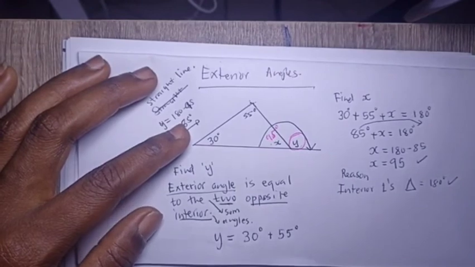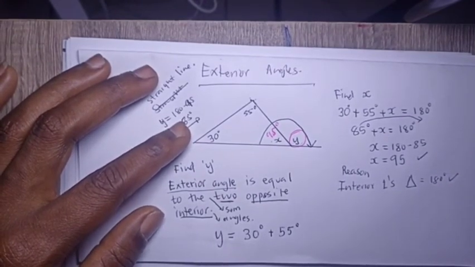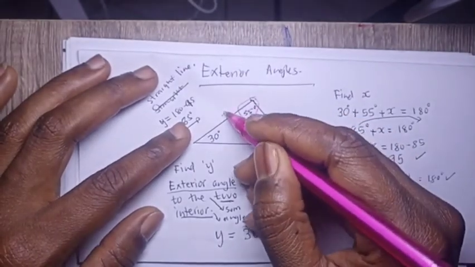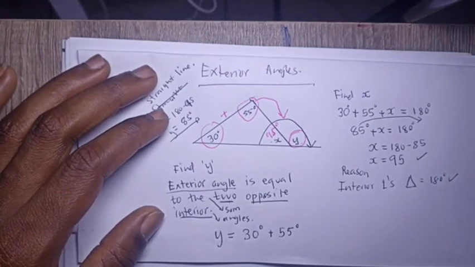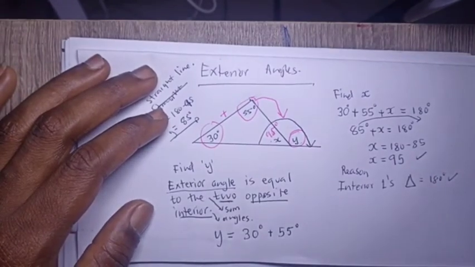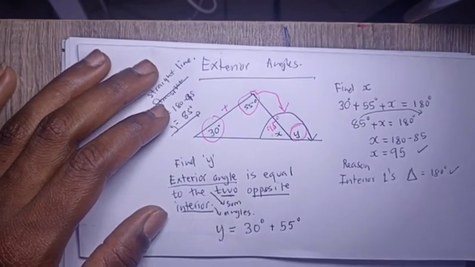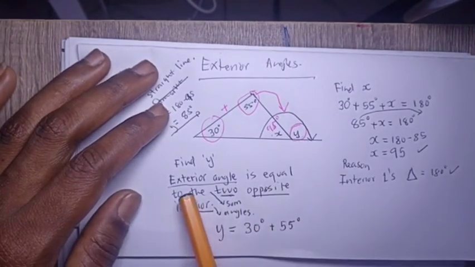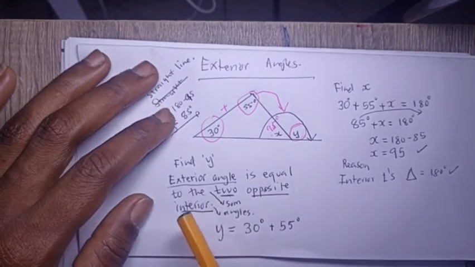Okay, we're back. Can you all see? I said this angle plus this angle will give me the angle outside. So you have to learn the rule. You might have to use it at some point, and you need to know how to state it. The exterior angle is equal to the sum of the two opposite interior angles.